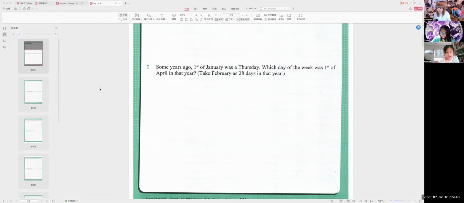Which day of the week was 1st of April in that year? How to do it?